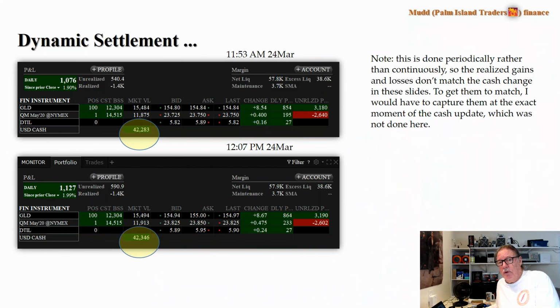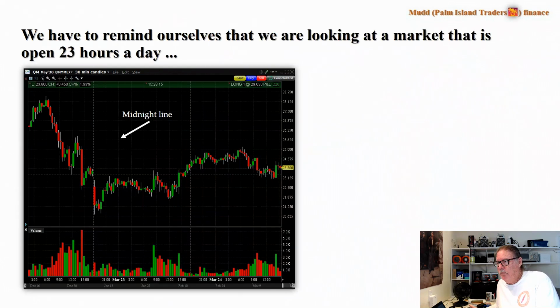Your cash is going up and down as your fortune wanes to and fro on the basis of your futures contract. And we have to remind ourselves that we're looking at a market that is open 23 hours a day. It doesn't shut down at 1:30 New York time like the stock market does.